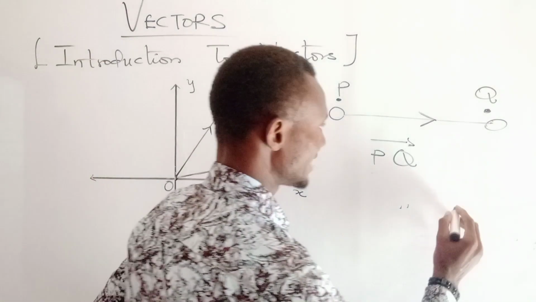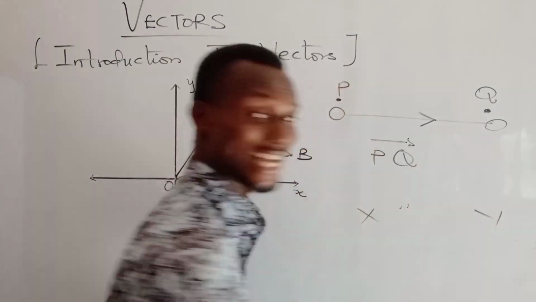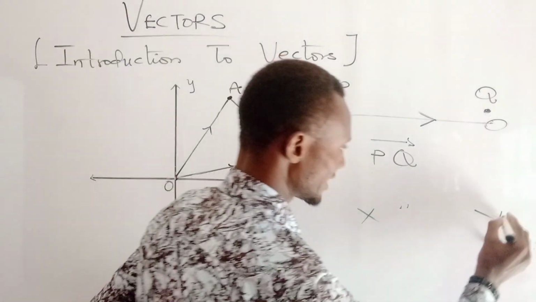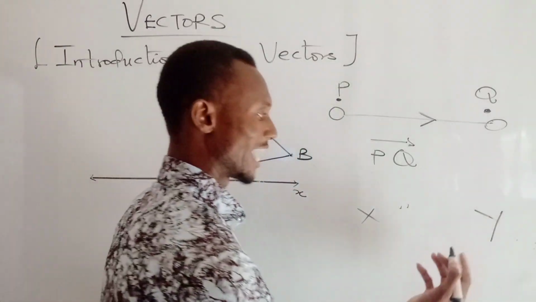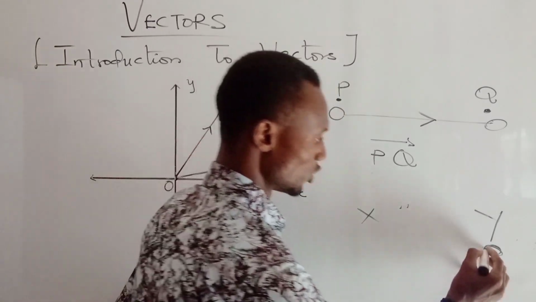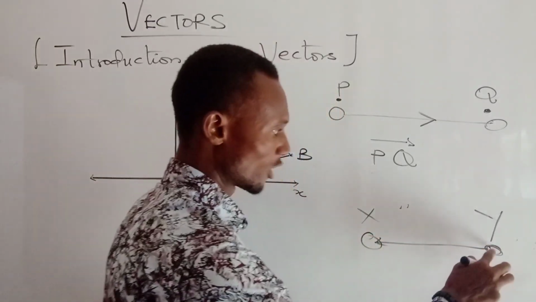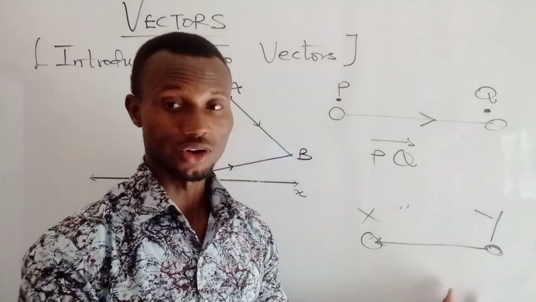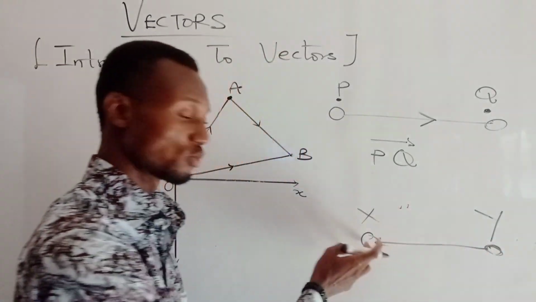Let's say I have point S here and point Y here. Let's say I pull an object, whether a ball or whatever you can think of, from point Y to point S.